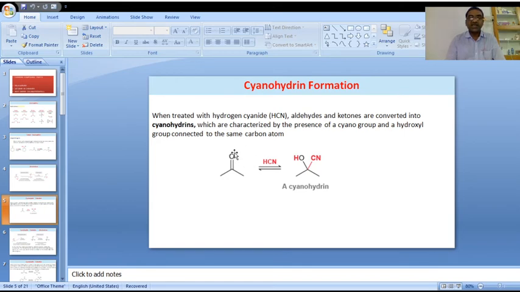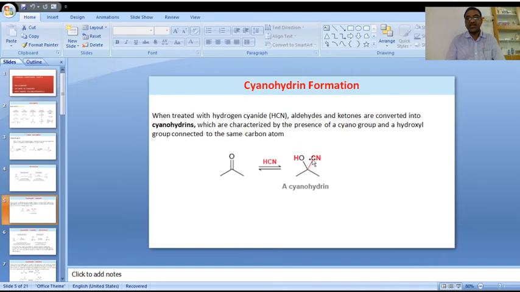That oxygen atom gets a negative charge and abstracts H plus, converting to a hydroxyl functional group.